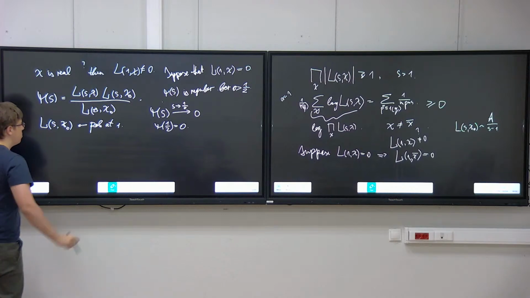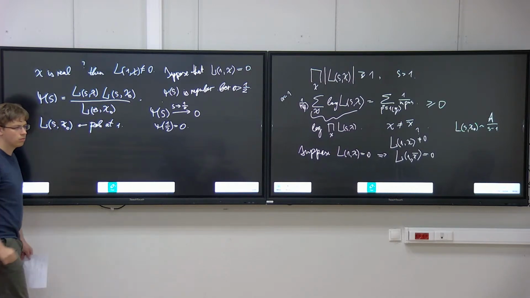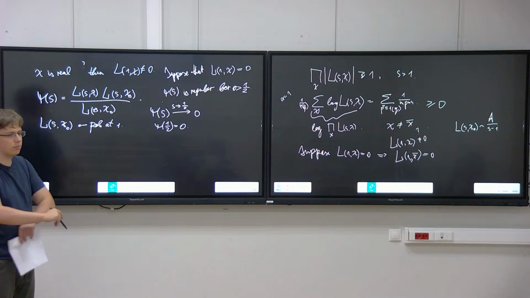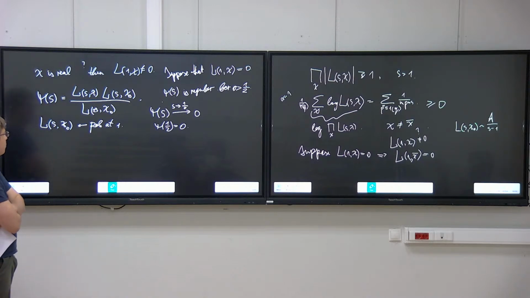У нас при s, стремящемся к 1/2, в знаменателе будет полюс.